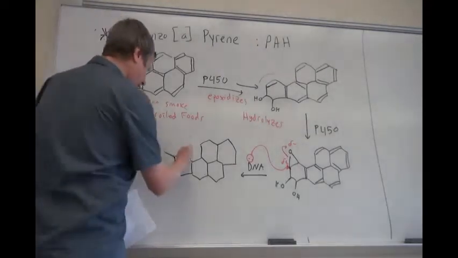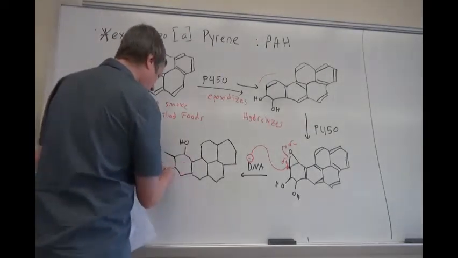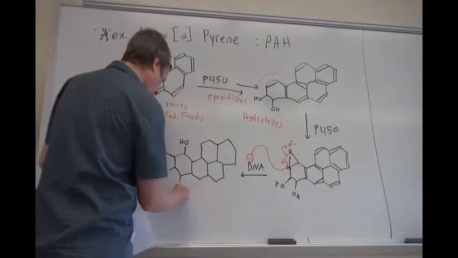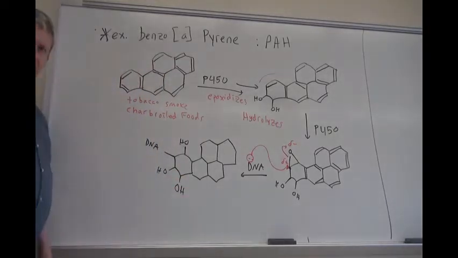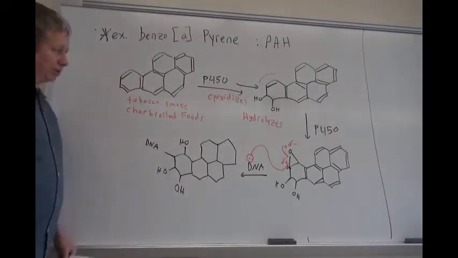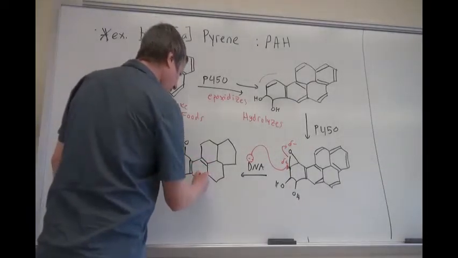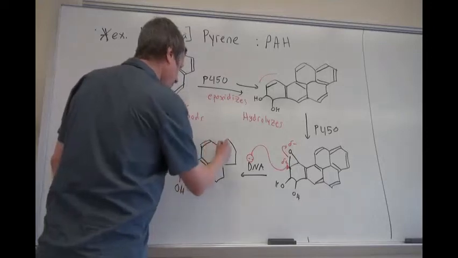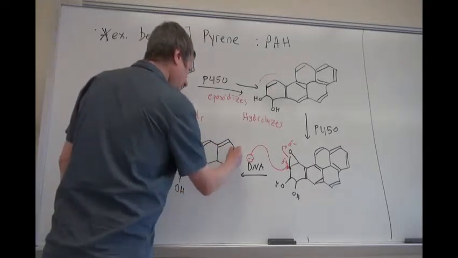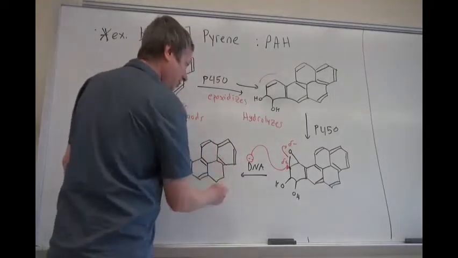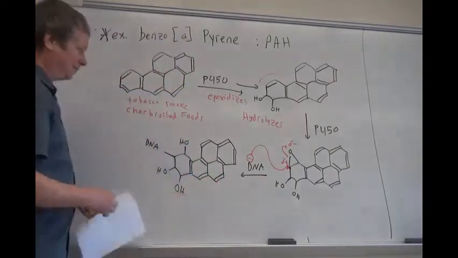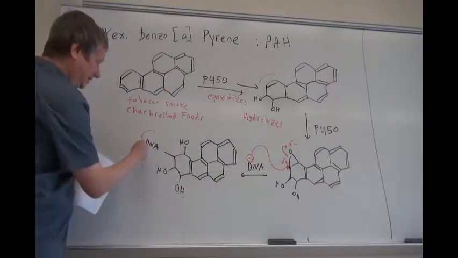And then we have hydroxy, hydroxy, hydroxy, hydroxy. So we have some hydroxys, we have the DNA. And now we just throw in those double bonds. And now your DNA is alkylated.